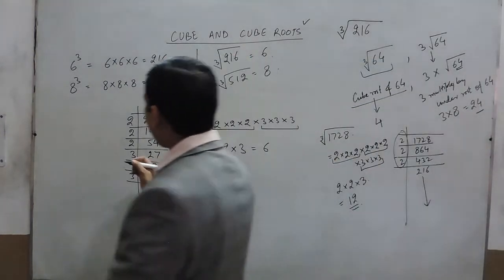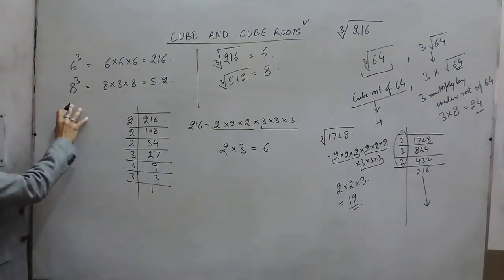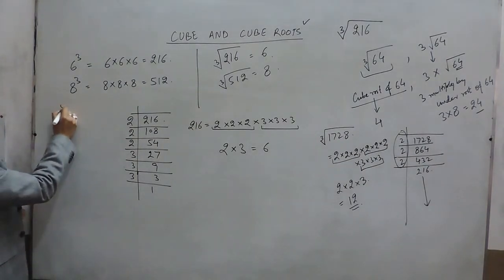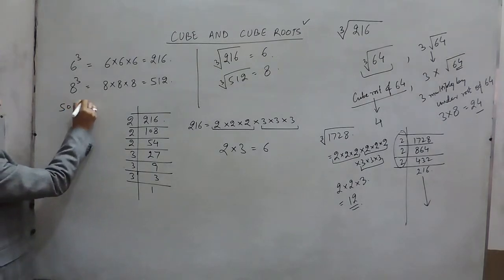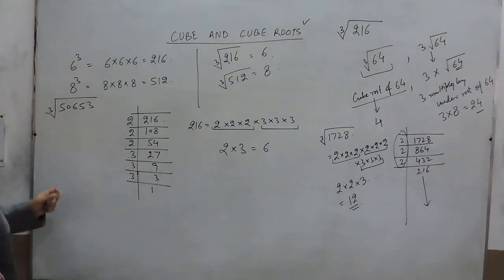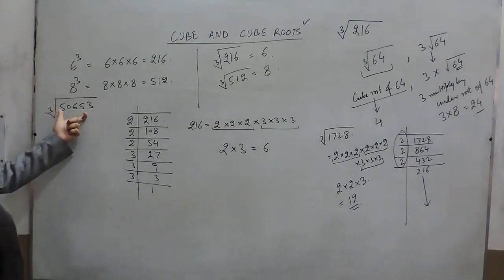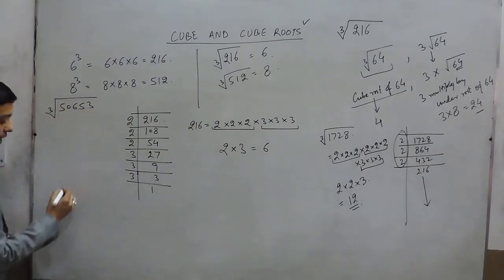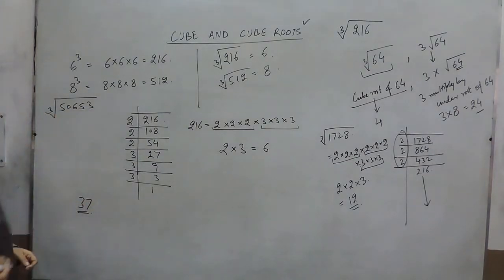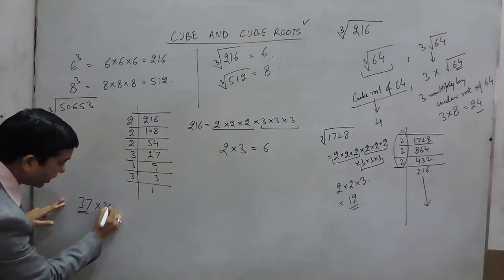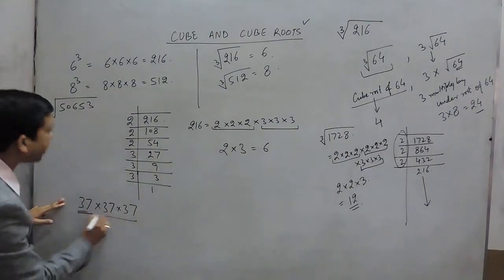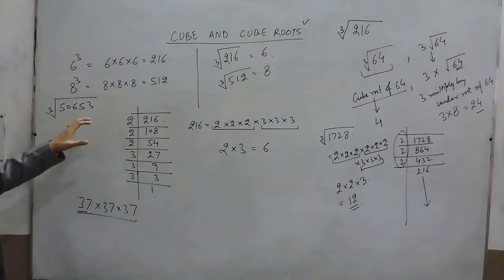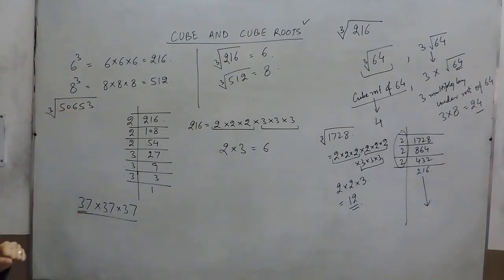Now we discuss how we can solve questions with larger numbers where factorization is not easy. Suppose I take an example of finding the cube root of a number like 50653. I know that the cube root of this number, let's say, is 37. So 37 multiplied by 37 multiplied by 37 gives this number. But it is very difficult for a person to realize that we have to divide this number by 37.